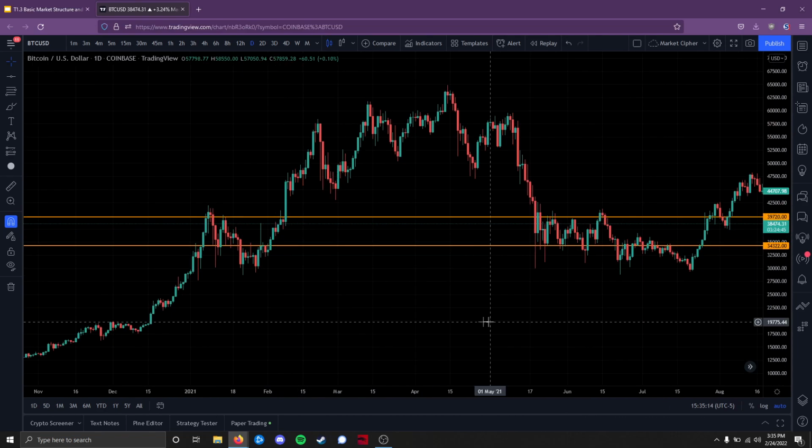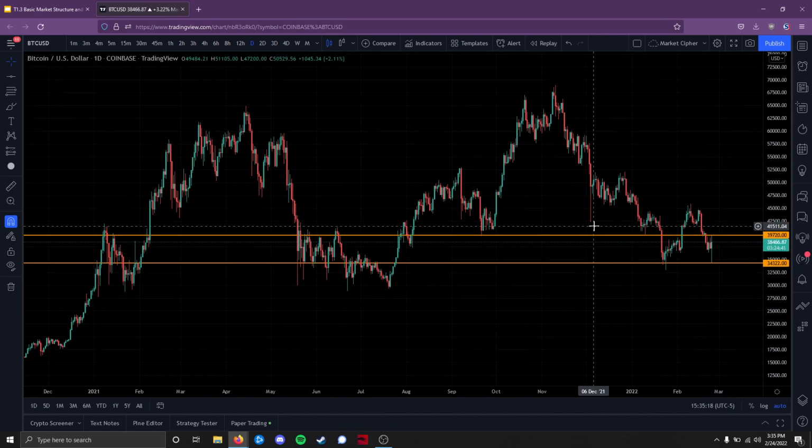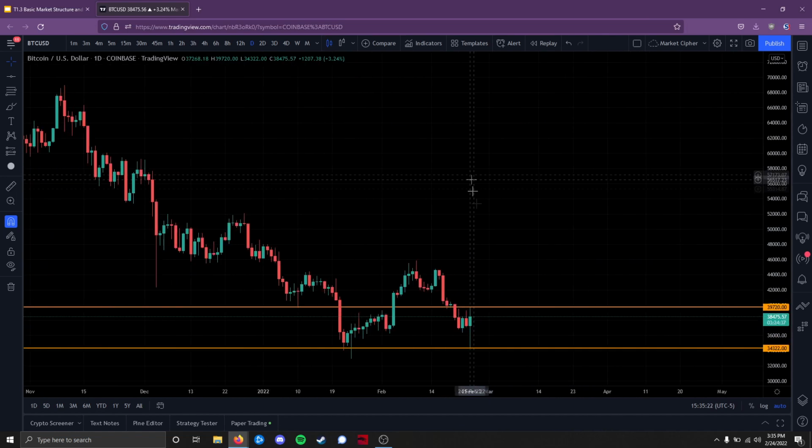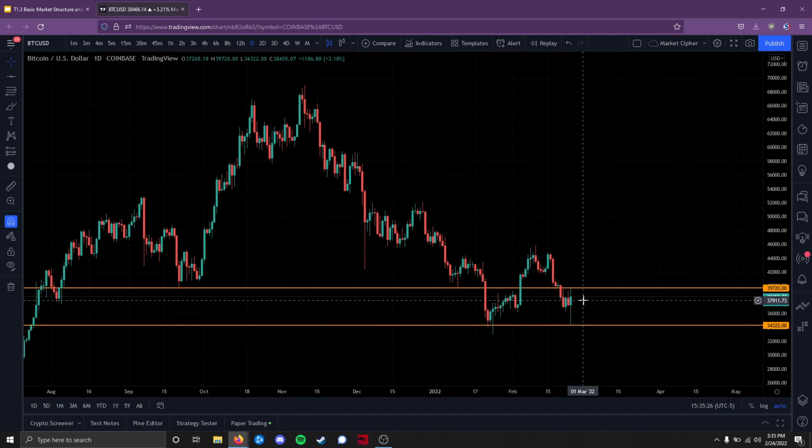So now that we've mapped this out, we can have a better idea of not only general levels of the Bitcoin chart, but really where we are at the time of the recording. And using this same technique, you can map out where you are in terms of what's going on in the market at the time that you're looking at it, and have a much clearer idea of where we could realistically go in the short term.